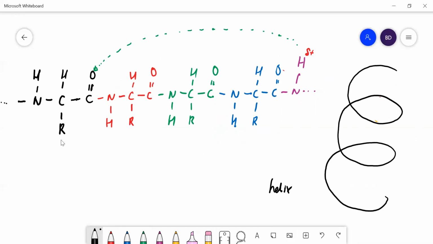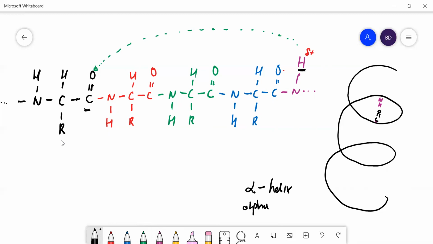And what's holding this helix together, it's called an alpha helix, are hydrogen bonds. And as I say, it's the hydrogen on one nitrogen with the oxygen 4 behind it. So here you'd have, let me just draw it, there's NH from that amino acid forming a hydrogen bond to the carbonyl from the black one 4 behind it.